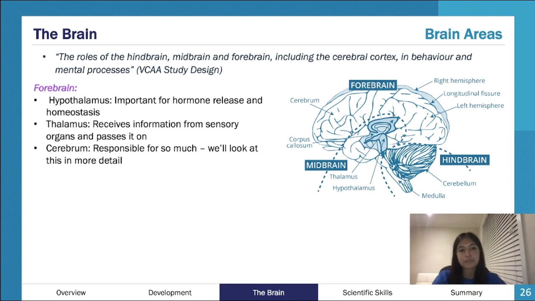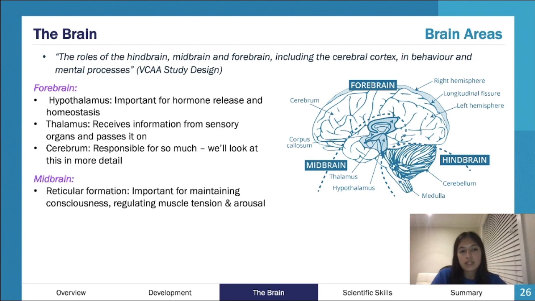It's just that line. So we look at our hypothalamus and our thalamus, very much to do with regulation. You're thinking about hormones, you're thinking about homeostasis, stuff from your visceral, your sensory organs. Lots of this kind of filtering of information, regulation, that sort of stuff. Cerebrum we'll look at in a second.